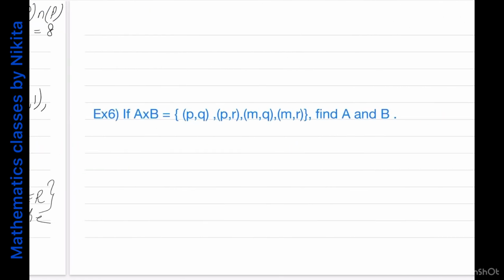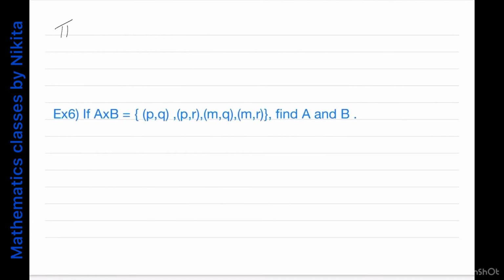Now similarly, let's see what is the Cartesian product R cross R cross R. So the Cartesian product R cross R cross R is the set of all ordered triplets.